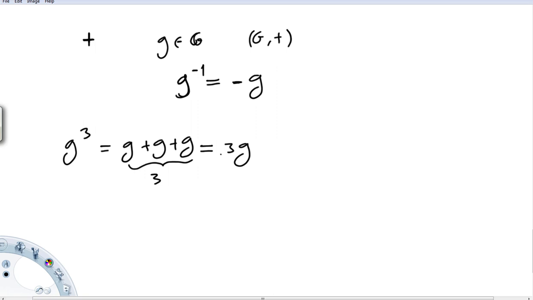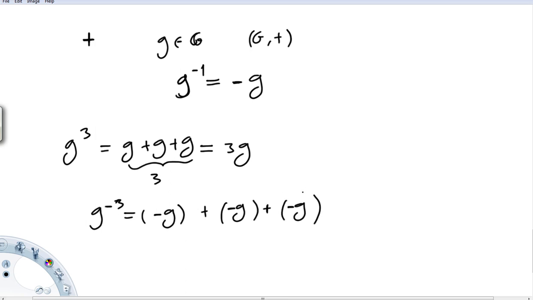And G to the power of minus 3 will mean minus G plus minus G plus minus G. And this might be written as minus 3G.